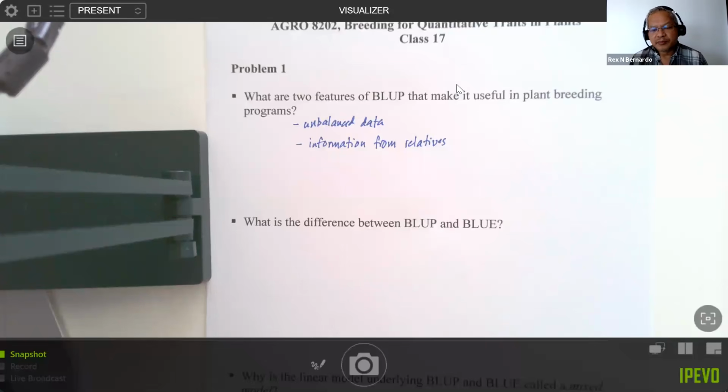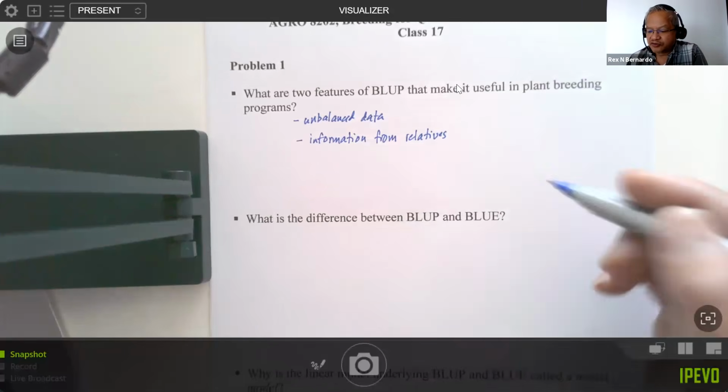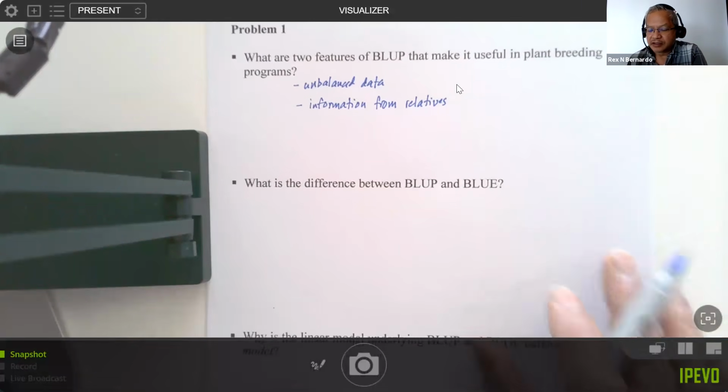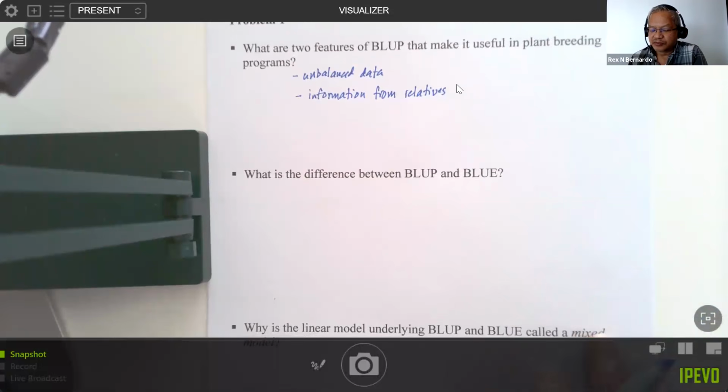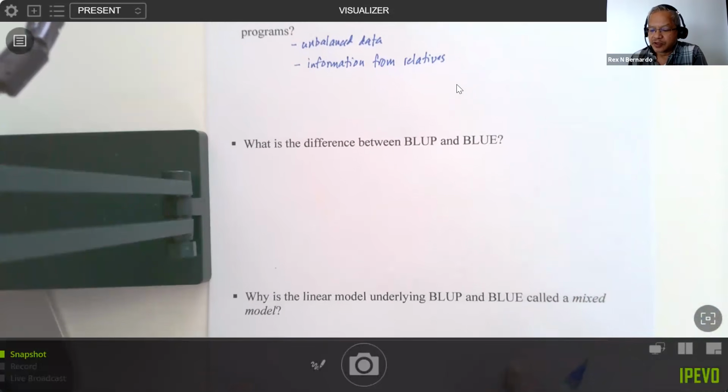And again, the classic example is in dairy cattle for evaluating the milk yield of a dairy bull. A bull does not produce milk, but it has genes that affect the milk yield performance of its female progeny. And so the milk yield of a dairy bull is evaluated on the basis of the performance of its relatives. So these are the two main features that make BLUP, best linear unbiased prediction, particularly useful in a breeding program.